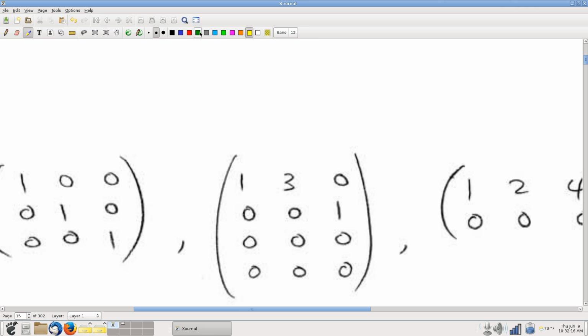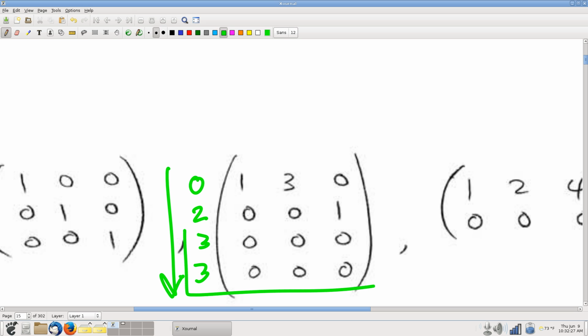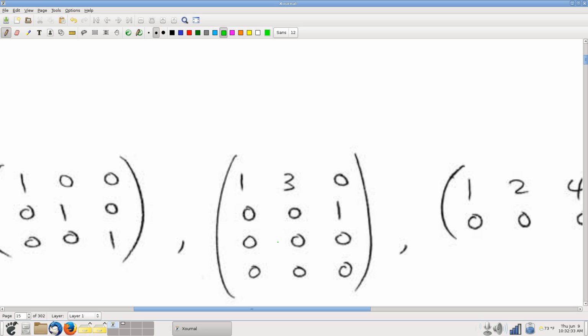So for example, let's count leading zeros: 0, 2, 3, 3. This is increasing, at least up to the point where they are all zeros, and that is allowed. So this matrix is in row echelon form. Let's identify the pivots.